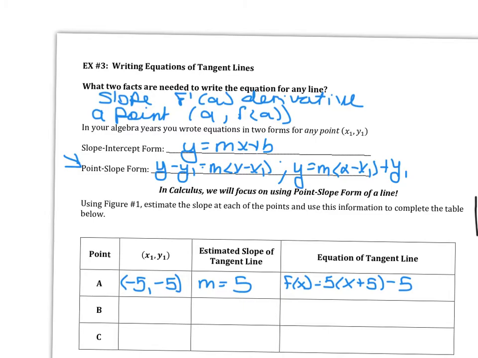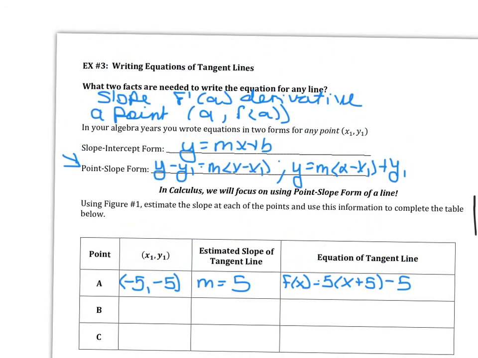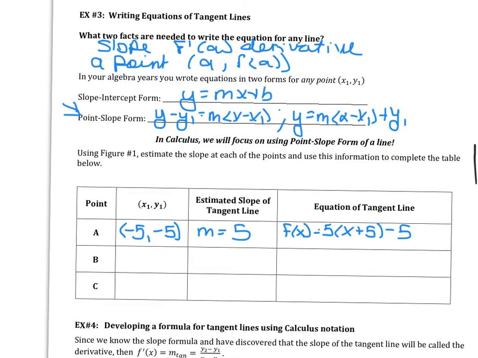All right, let's go to B. At B, apparently there was a point, and it looked like it was at -1, 3. The slope, because it's at the very top, so it's a turning point, is 0, right? It's a horizontal line.